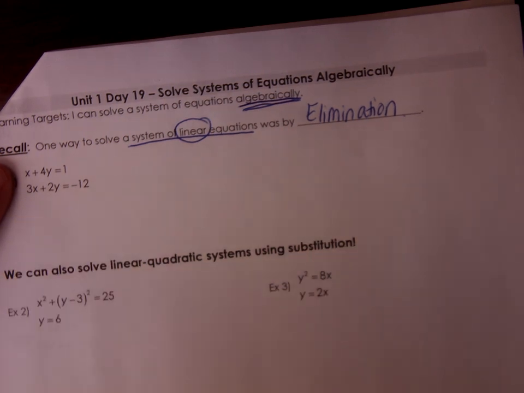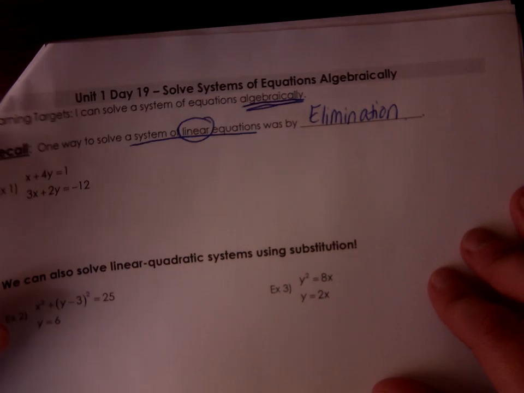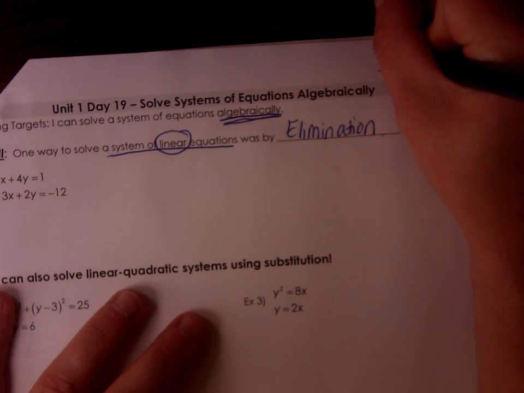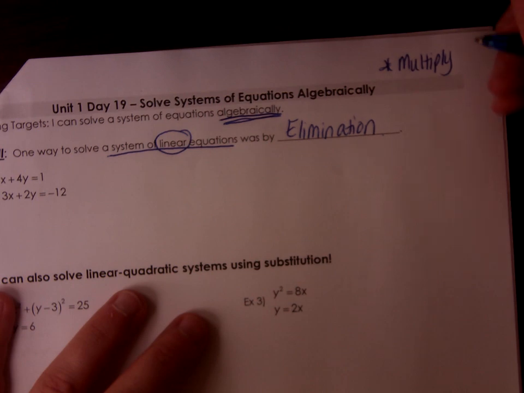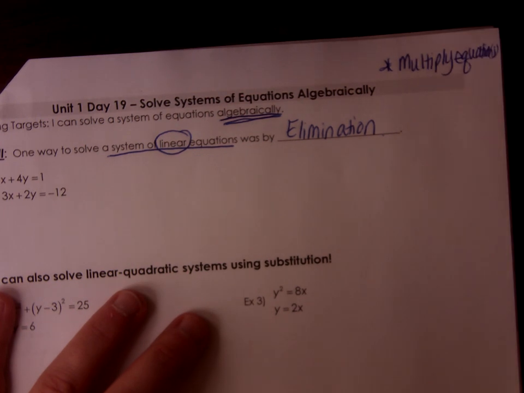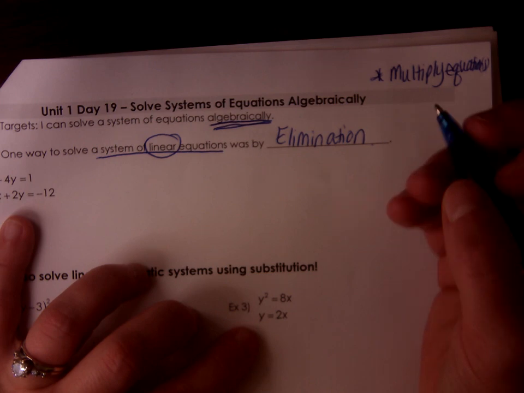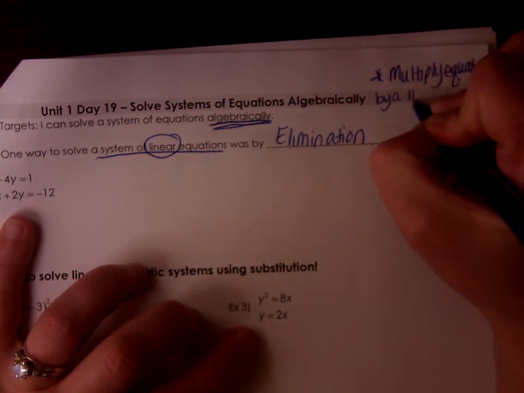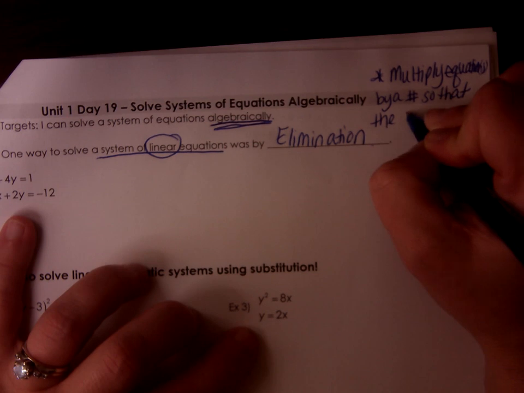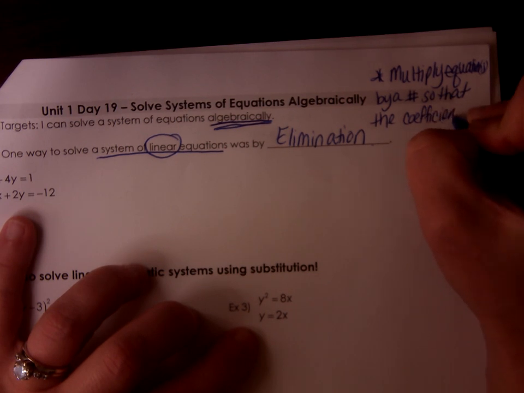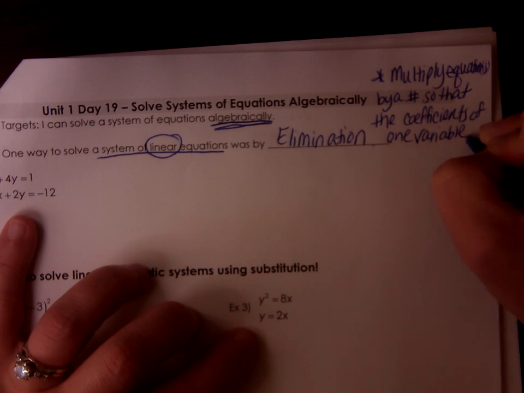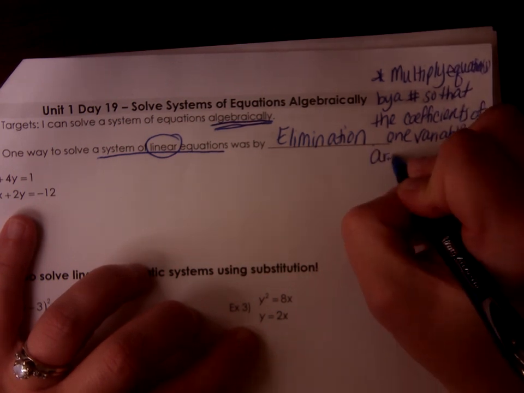So, what you want to do when it comes to elimination is multiply the equations, and I'm going to put equations in parentheses, like the S in parentheses, by a number so that the coefficients of one variable are opposite signed values.